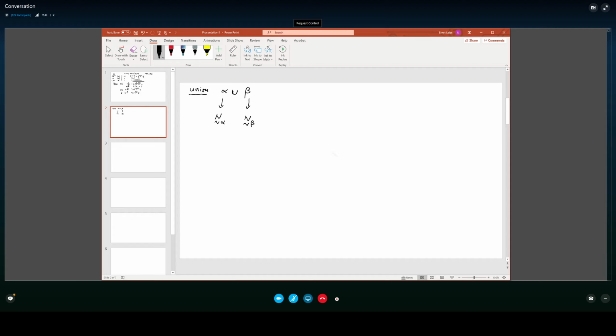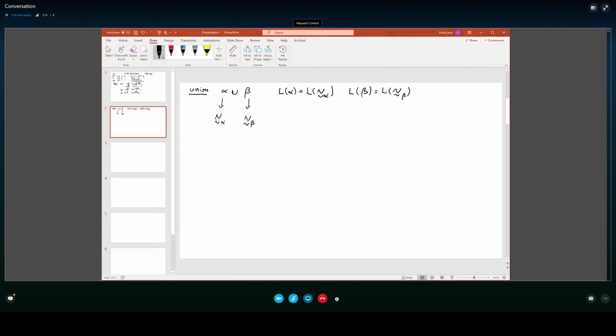Because by induction we assume that the language denoted by alpha is exactly the language accepted by n sub alpha, and the language denoted by beta is exactly the language accepted by n sub beta.